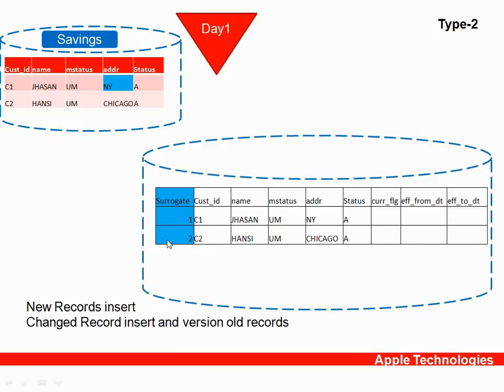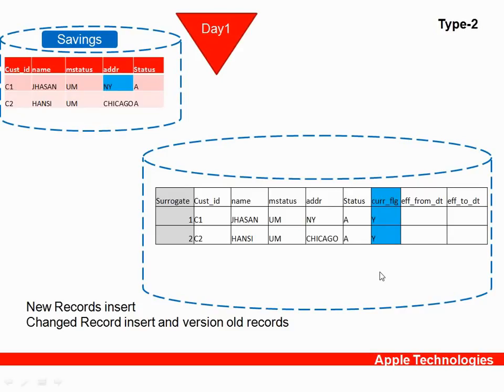Generally, we'll see why it is called surrogate key and how it is going to help in the next few slides. Then in the current flag column, I'm keeping values like Y or N. What do Y and N mean?